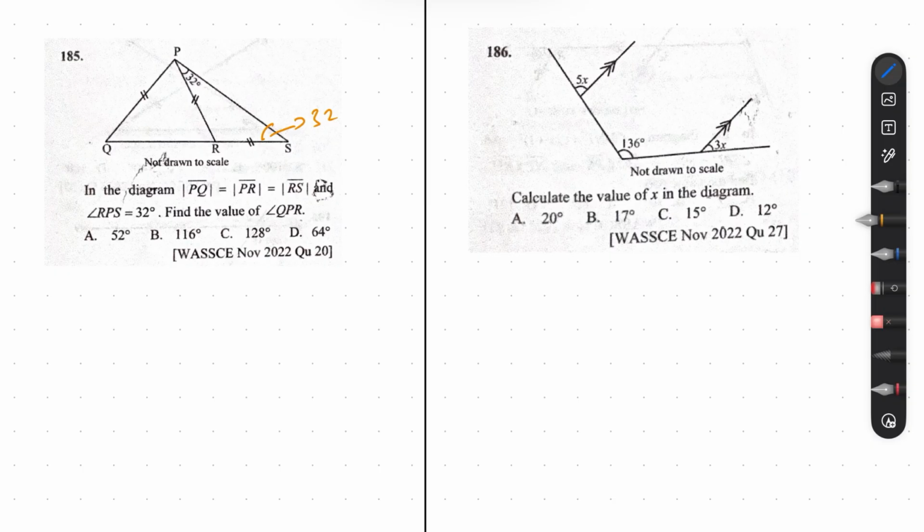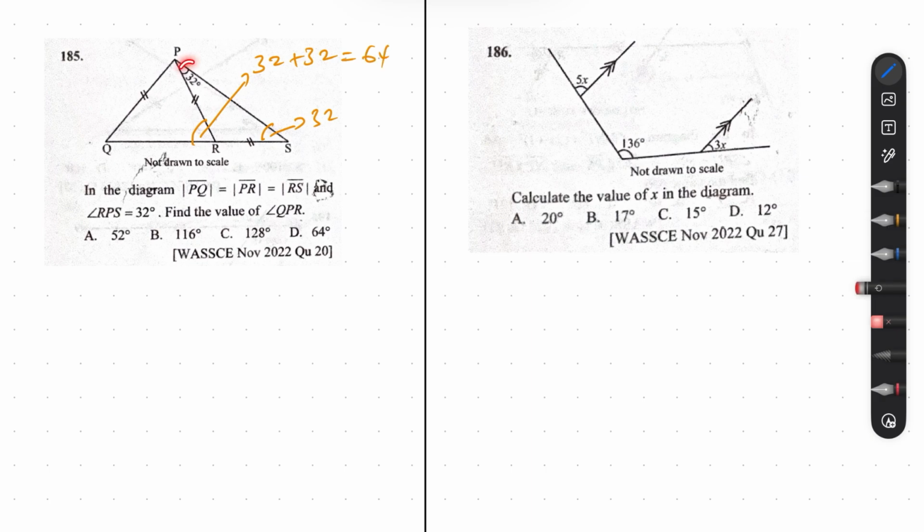Now that we know this angle and this angle, we can easily find this angle right here, this angle PRS. Why? Because the sum of two interior angles should give us the opposite exterior angle. So this angle will be equal to 32 plus 32, which is equal to 64.